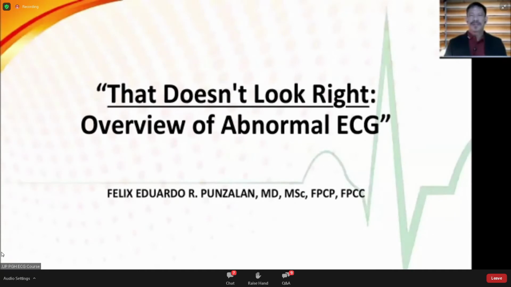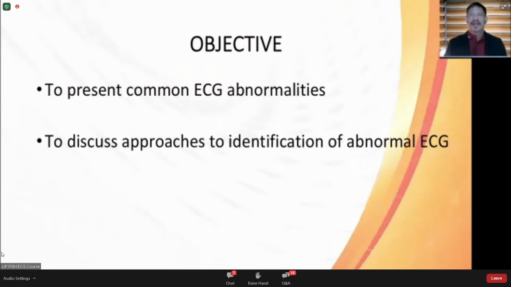Hello. After learning the basics of normal ECG, this session will give an overview of the abnormal ECGs. It is when the ECG doesn't look right. Our goal is to have a practical approach to recognition of common ECG abnormalities and give some pointers on what to look for, where to look at, and how to recognize them.